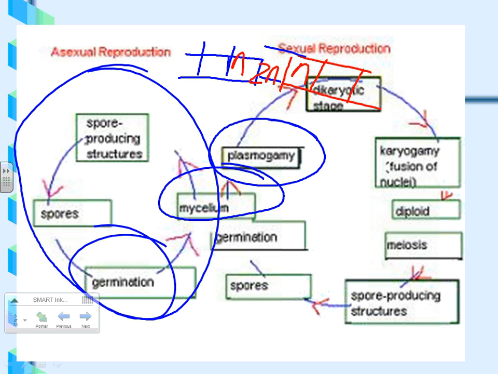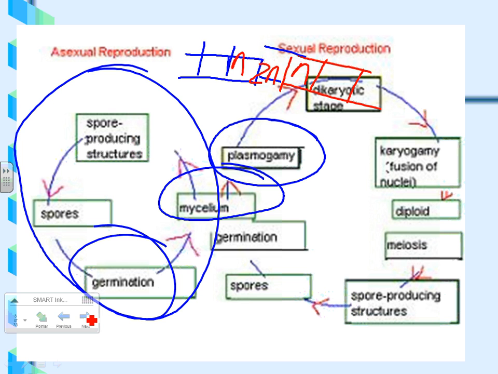Now, for a short amount of time, you've got one cell with two separate what in it after this happens? It started off as two separate cells. The cytoplasms have now fused. So now it would be one cell with two different nuclei. The nucleus that started off over here and the nucleus that started over here.